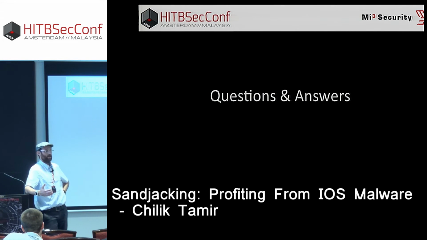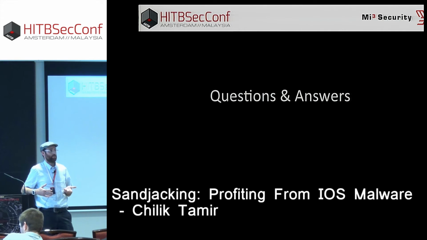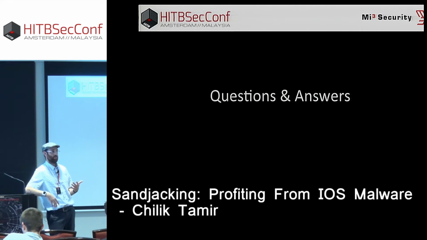A good mitigation is using app groups. App groups are specific file system containers that are shared between the same developer, not the same vendor, but the same developer bundle identification. Because my malicious certificate is not part of these developer certificates, it won't match. So if you want to mitigate against evil client, one safe location is to store your data in an app group container, which WhatsApp does.